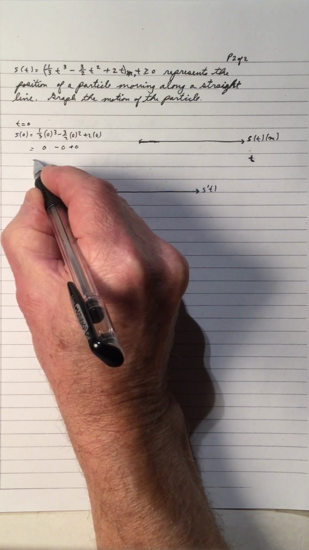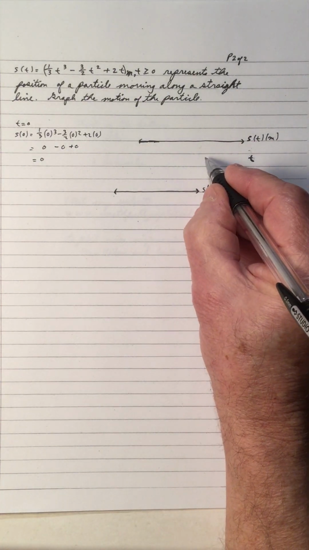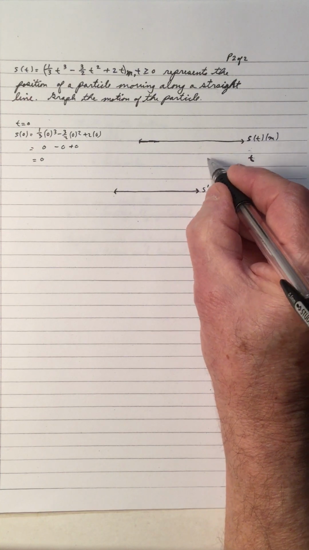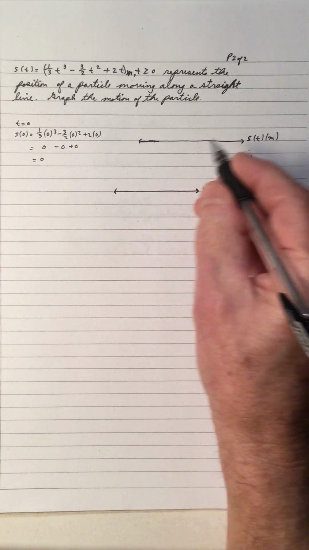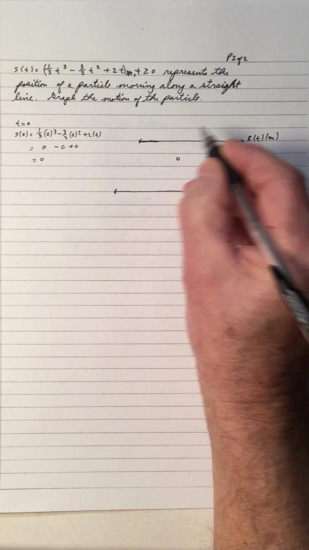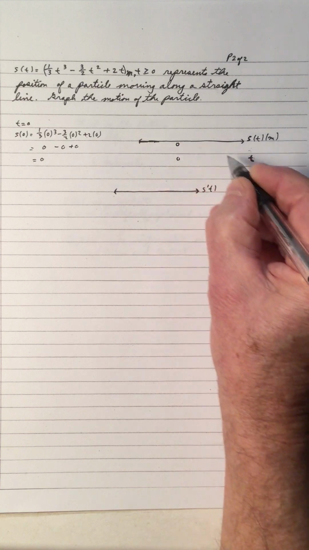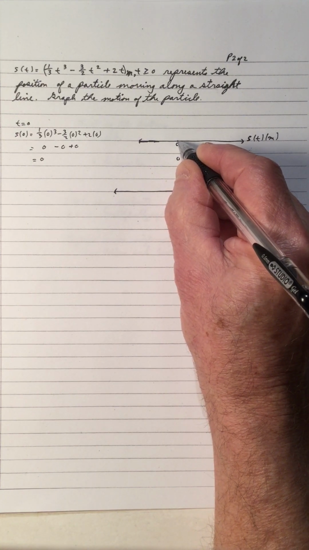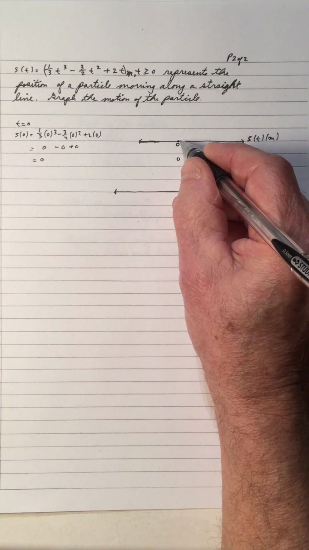That means that when the time is 0, the position of the particle is 0. So this is time, and this is meters. So it's right at 0 that this particle is starting off.